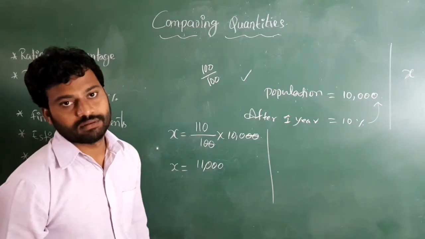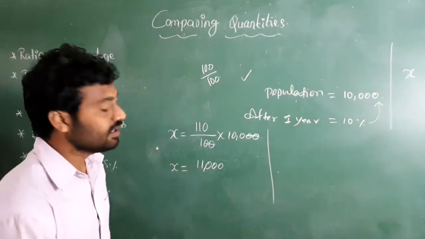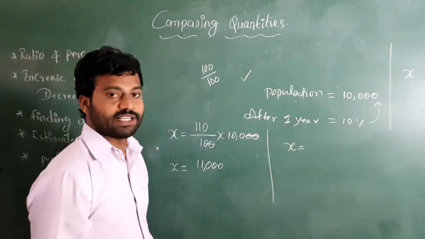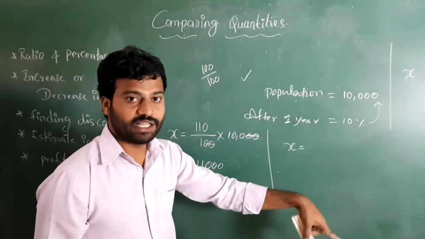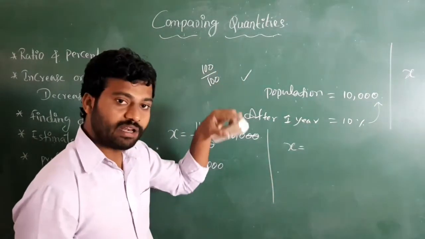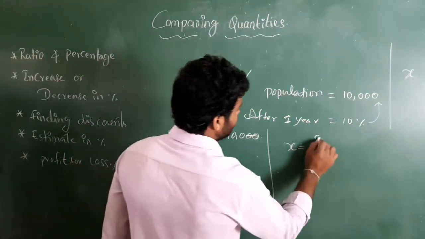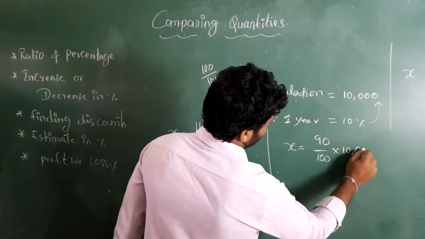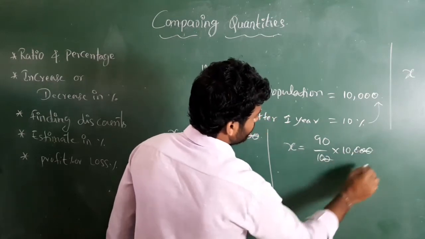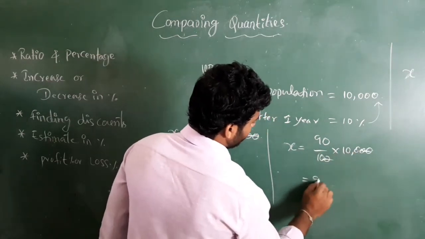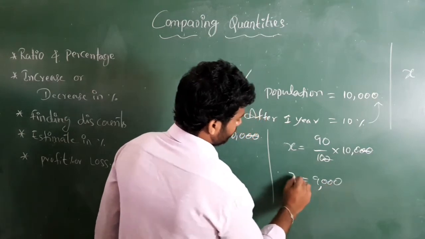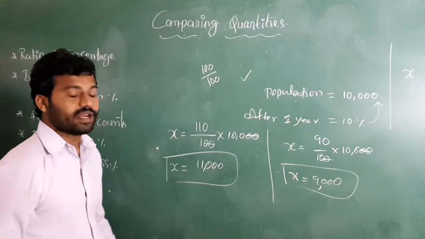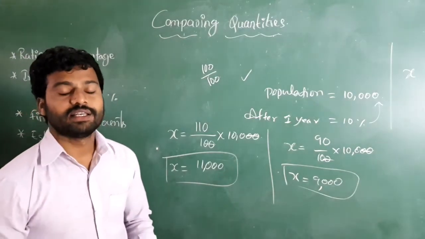Whatever it may be, increasing or decreasing. Now assume the total population as X. 10% is decreasing, so in the numerator 10 you have to reduce. That implies 90 by 100 out of the total population 10,000. 2 zeros cancel. So the new population will be 9,000. It is decreasing.